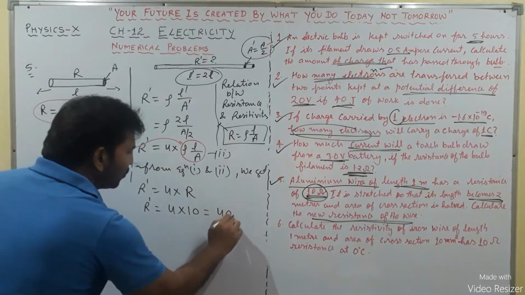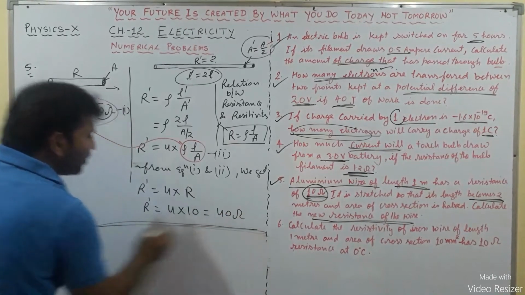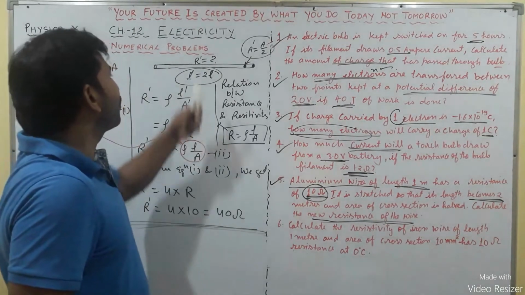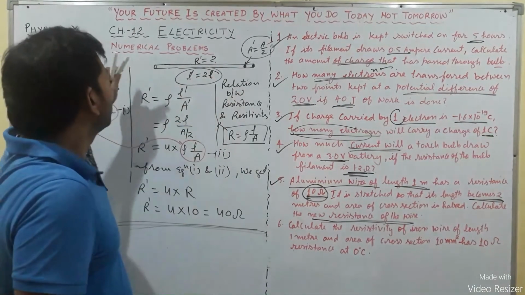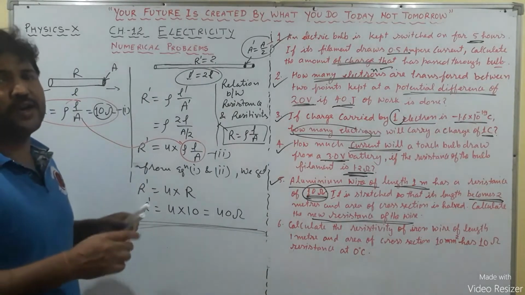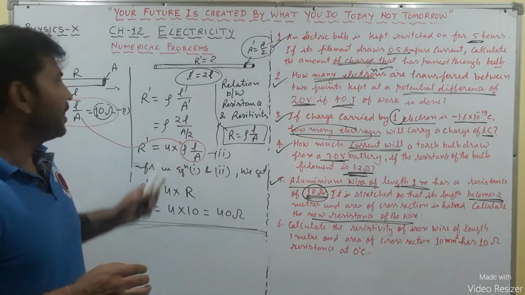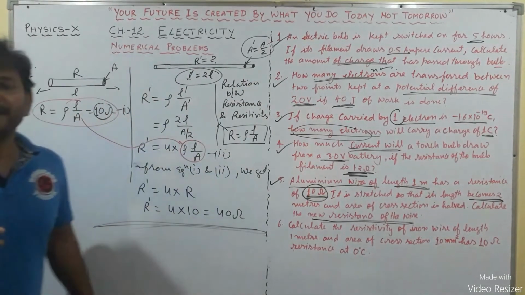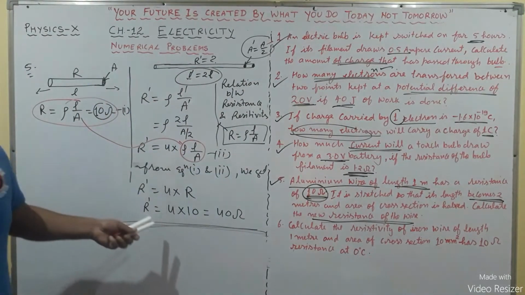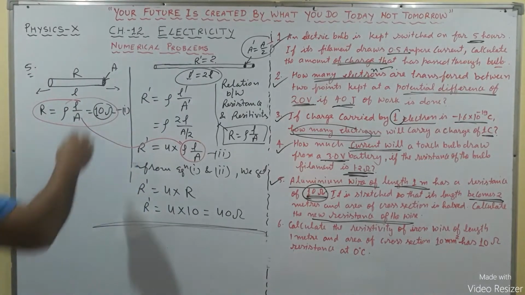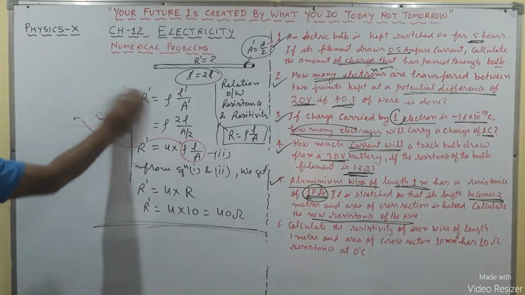That means the new resistance of the wire becomes 40 ohm. Why does the resistance increase? Because the resistance of the wire depends on its length. As the length of the conductor increases, its resistance also increases. And that is the solution of question number 5. Let us move on to question number 6.